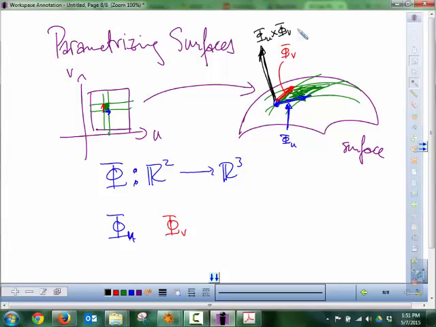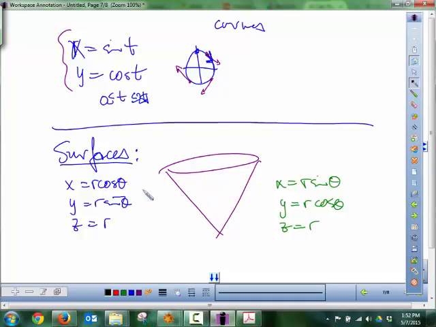If it's open, inside and outside isn't so clear. But there's two sides to a surface, right? So one orientation might have you going outward, and another orientation might have you going inward.